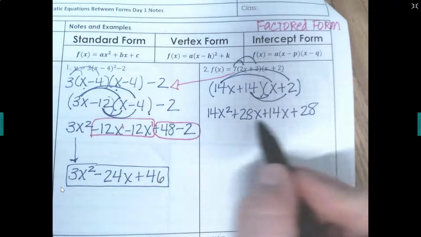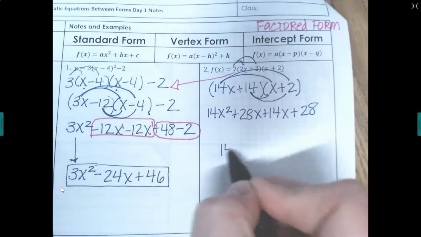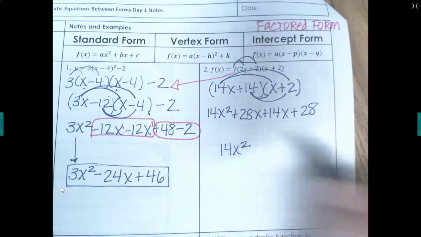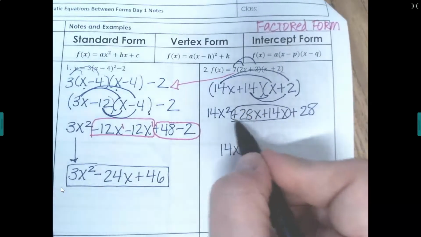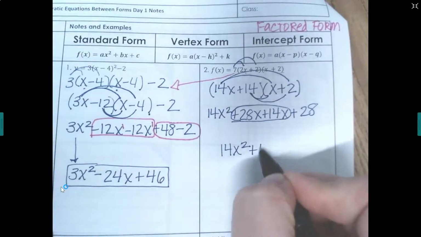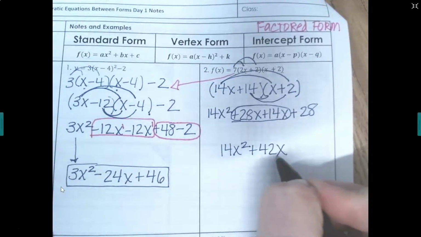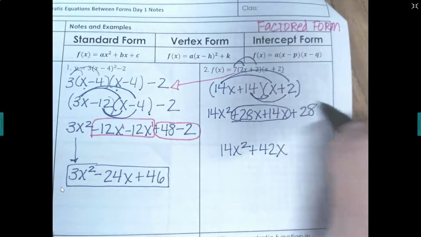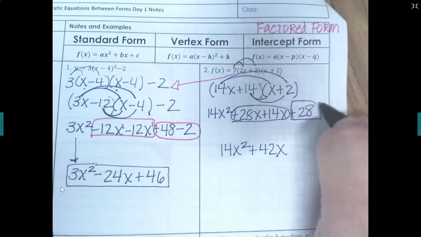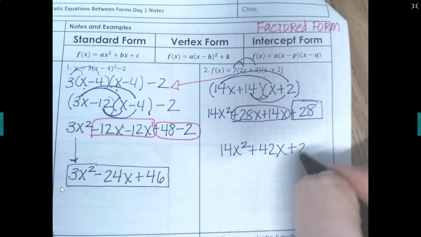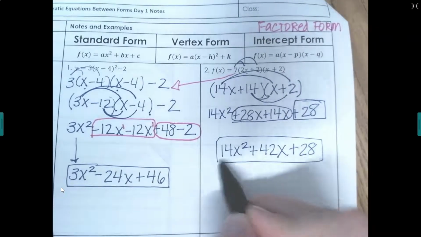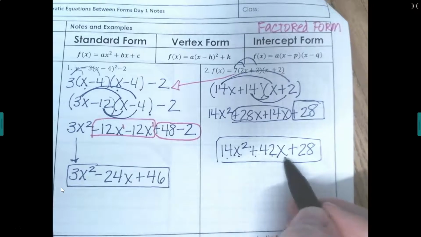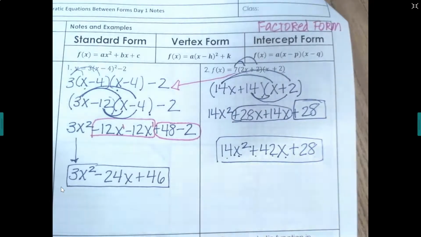X squared, there's no other x squared, so bring him down just as he is, 14x squared. Then we have 28x with 14x gives us a positive 42x. And this positive 28 has nobody else to combine with. So just bring him down exactly like he is, plus 28. There's our standard form, ax squared plus bx plus c.